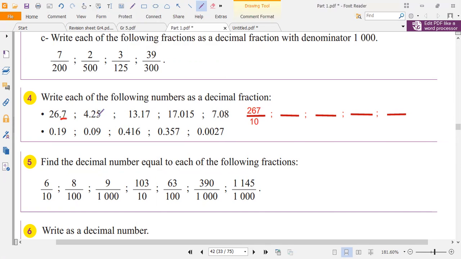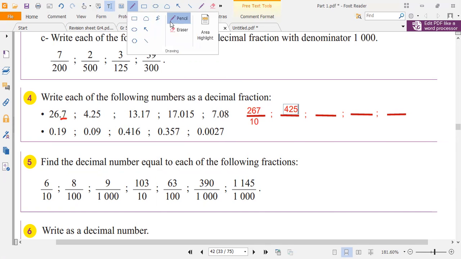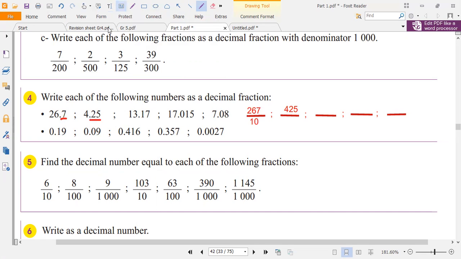Now 4.25, we write the number without points in the numerator, so it is 425. In the denominator, we have two digits after the point, so we write 100 because 100 has two zeros.